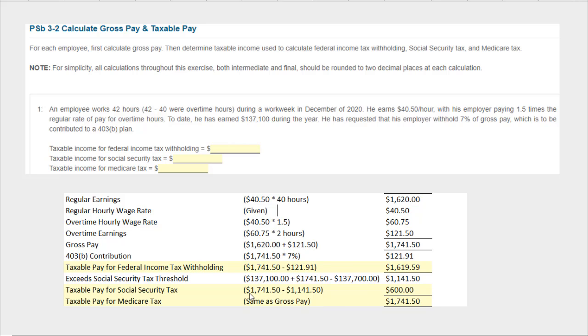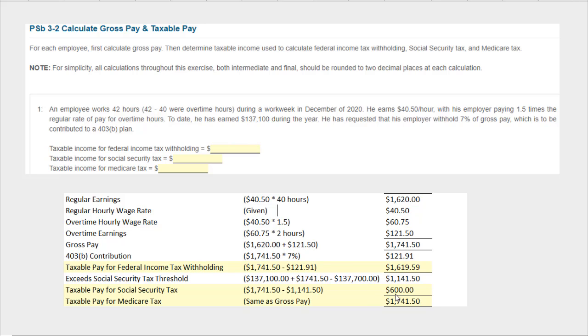And we see the calculation in this line here. Taxable pay for Social Security tax. And here's the current pay of this pay period, $1,741.50. How much of that makes the wage exceed the threshold? $1,141.50 of that is not subject to Social Security tax.